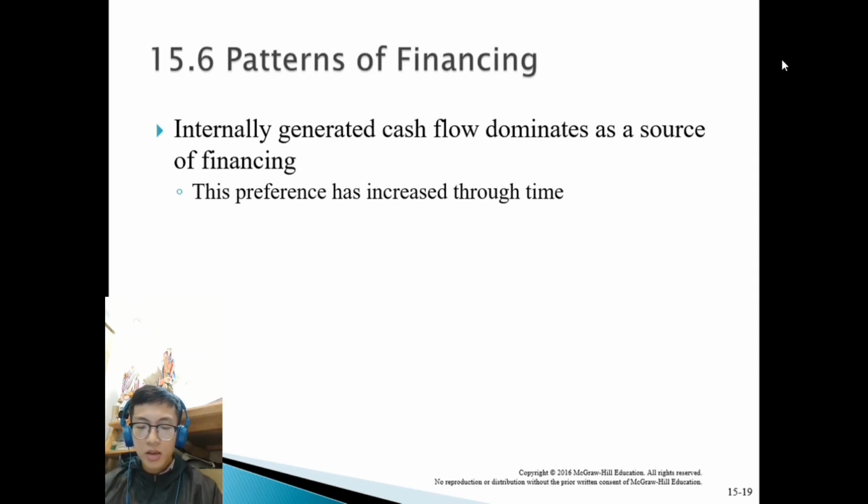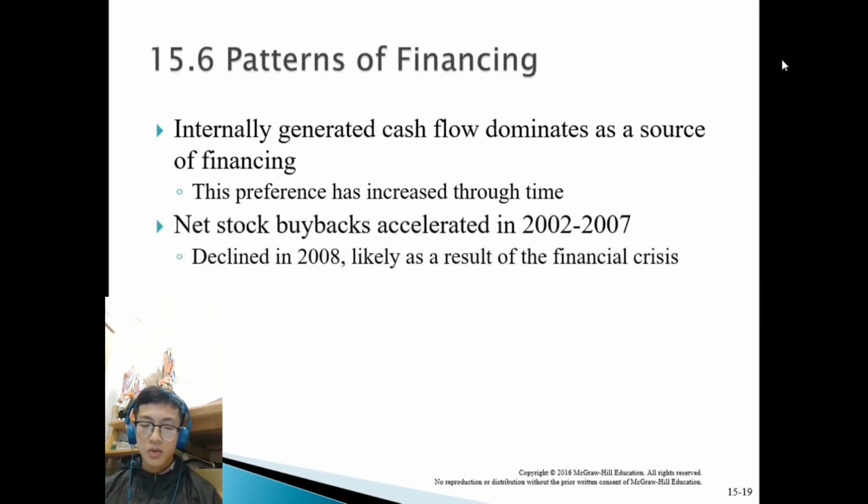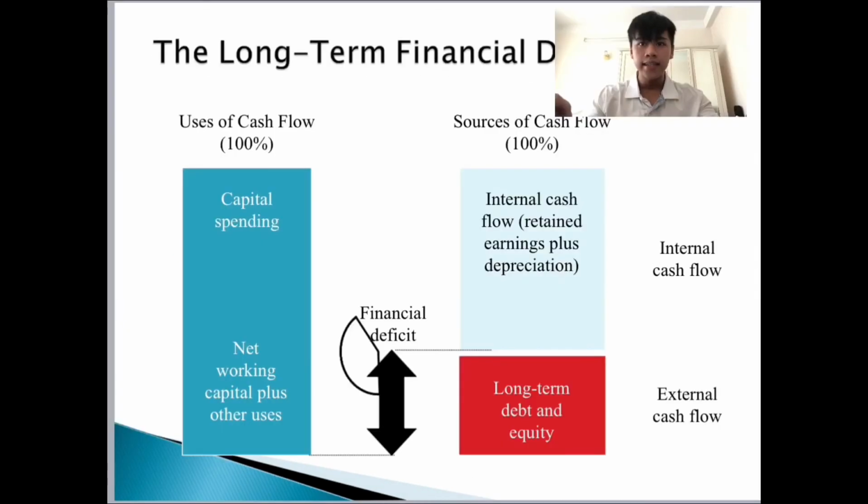So how can these firms get the cash to fund investment? First, firms generating positive cash flow internally can use that flow for positive NPV investment. The second is that firms can fund positive net present value capital spending through external financing, like issuing debt and equity. This is the long-term financial deficit.